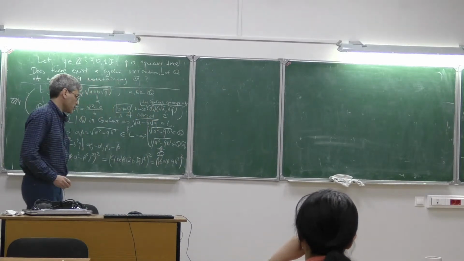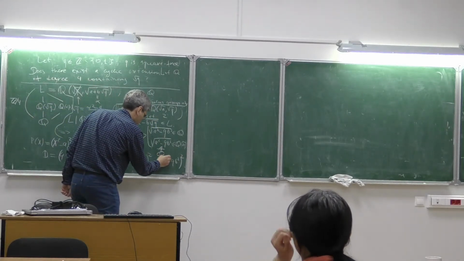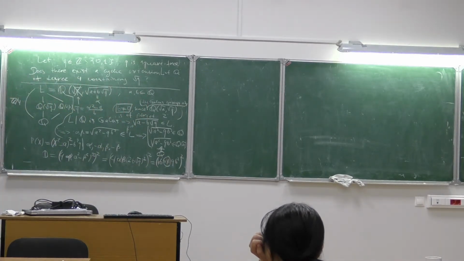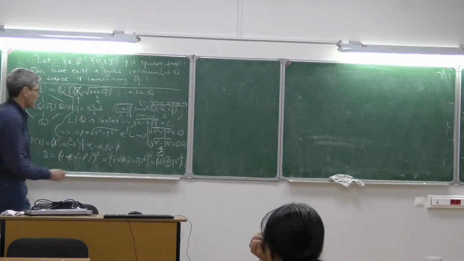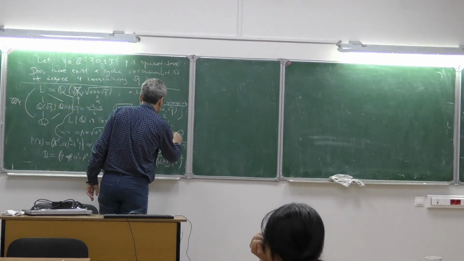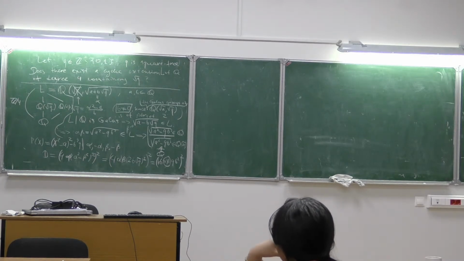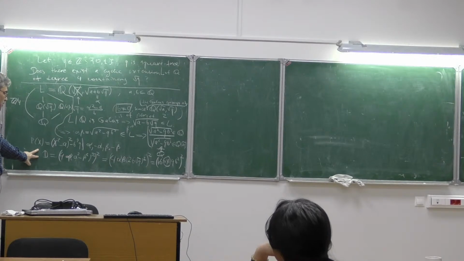Yeah. So you see that actually the question is whether this is a rational number. And this alpha beta is precisely this element. But what does this say to us?